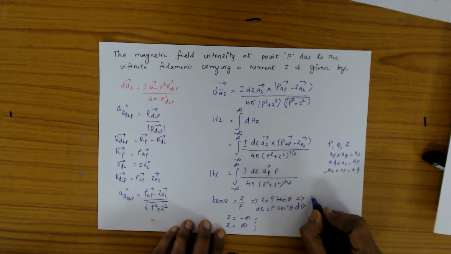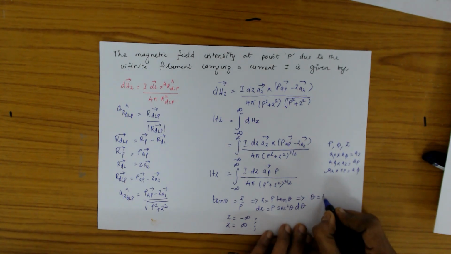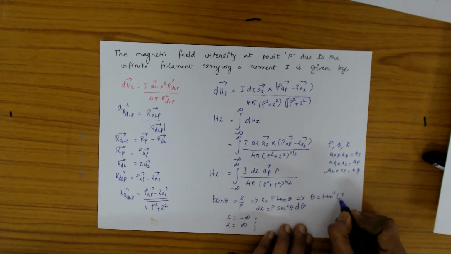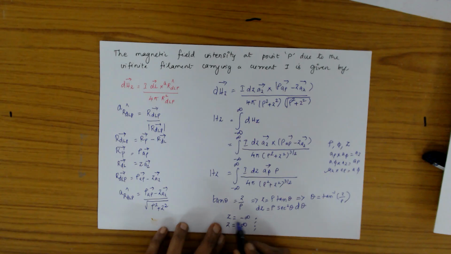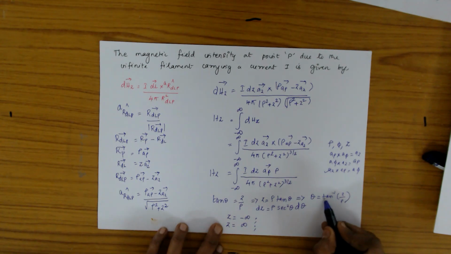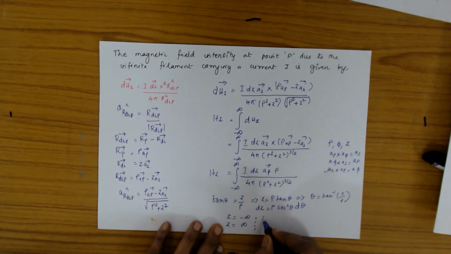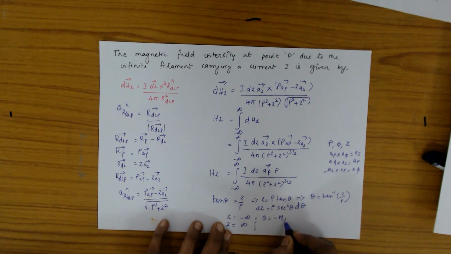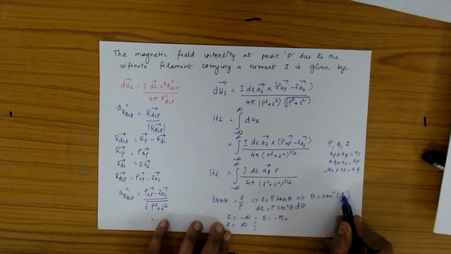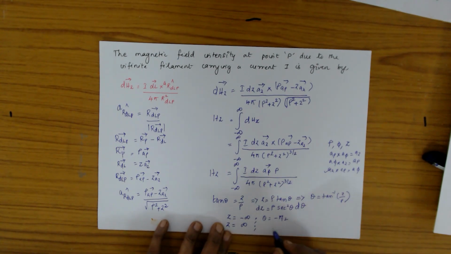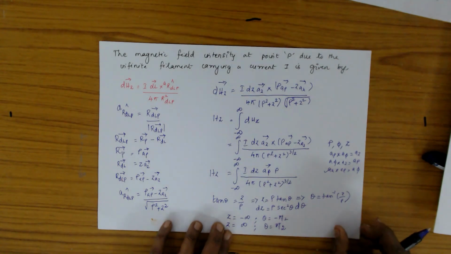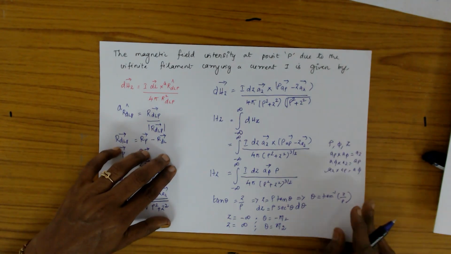So from this we can rewrite theta to be equal to tan inverse of z by rho. Hence, when z is equal to minus infinity, then tan inverse of minus infinity, hence theta will be equal to minus pi by 2. And when z is equal to plus infinity, then tan inverse of plus infinity, this will give you the value of theta equal to plus pi by 2. Now we have changed the limits of integration.